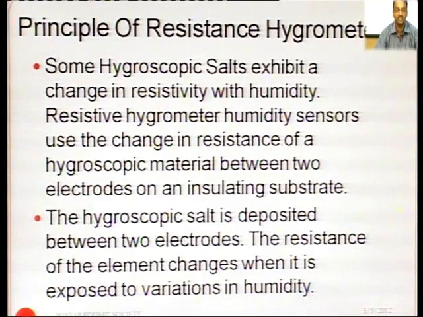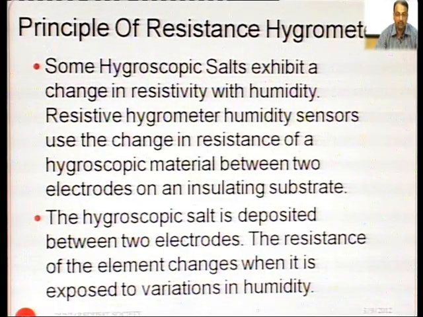A hygroscopic material is one in which there is a change in resistance due to humidity. In this type of hygrometer, there is a change in the resistance of the hygroscopic material between two electrodes on an insulating substrate. There are two electrodes pasted on an insulating substrate, and due to the humidity level, there is a change in the resistance of this hygroscopic material.